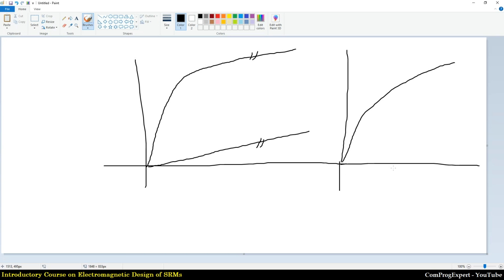Aligned flux linkage curve and unaligned, right? A high value of LU. This is a bad design. So, yes, by just checking the slopes and comparing the slope of this line and this line, we can guess if this SR motor is optimized or not.